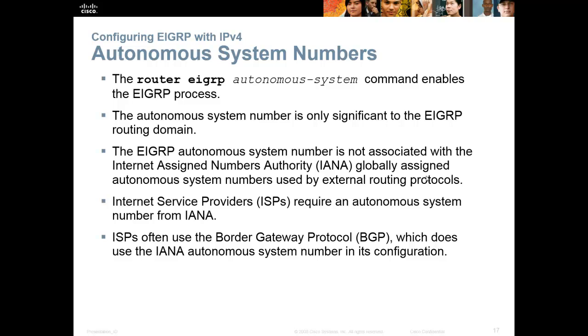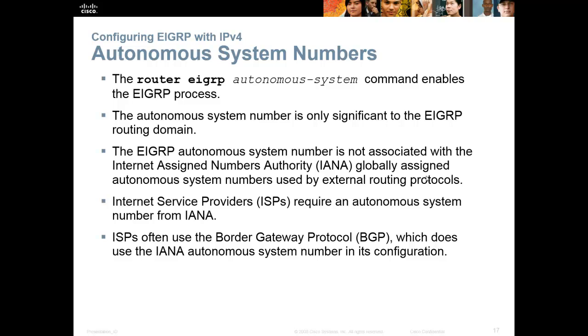Remember, in OSPF that number does not matter, but in EIGRP it does. In OSPF we create areas with our network statements, but with EIGRP we create autonomous system numbers, and that's what separates us. That way my router can be in autonomous system 10 and only send updates to other routers in autonomous system number 10. Your router may be in autonomous system number 5 and only send updates to your routers.